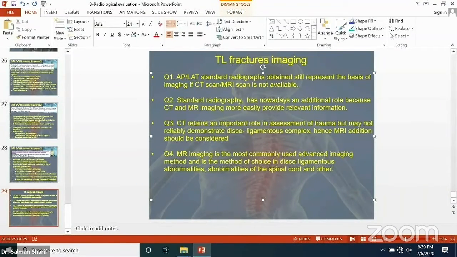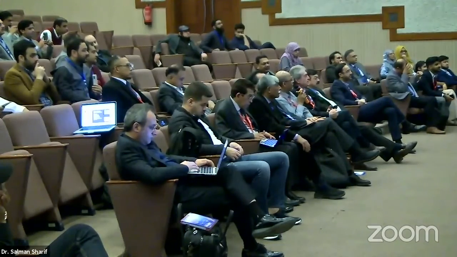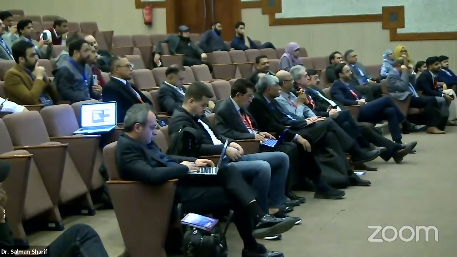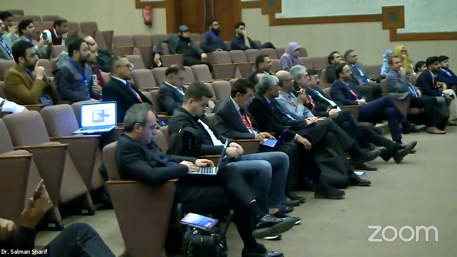So why do you say basis of imaging? Because that's a very basic investigation. So we can say AP lateral standard radiographs may be obtained, because "basis of imaging" used to be about 15, 20 years ago. So if you just keep it simple.